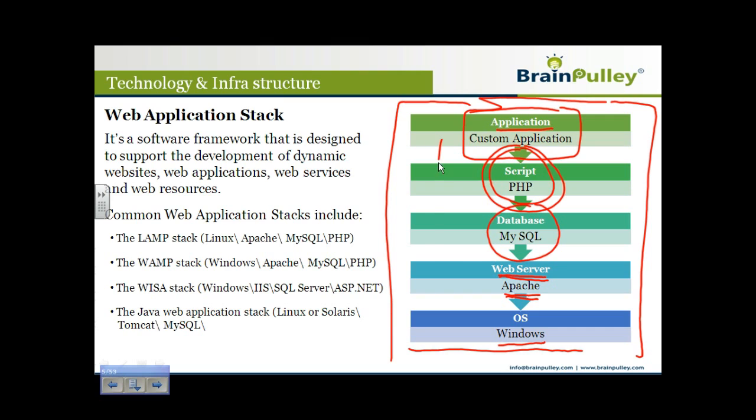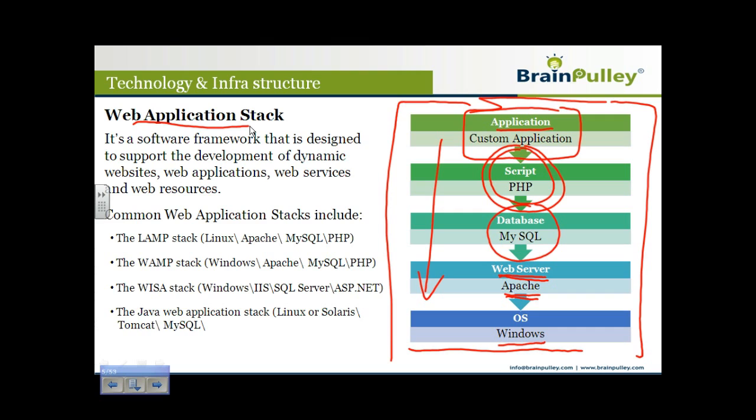This collection is known as a stack because it works in layers. Above the OS we have the application server, web server, database, script, and other things. Not exactly in this order, but these are the minimum layers required for a modern web application.